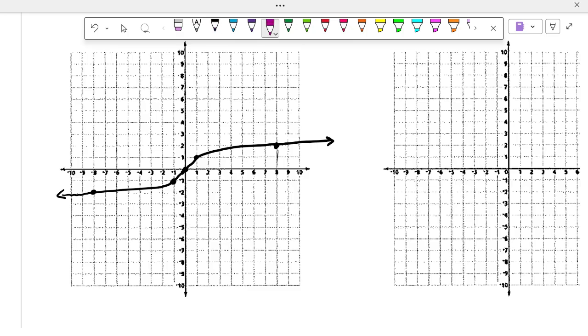This is my parent function, just the cube root of x. What I'm talking about is the vertex, which is this point right here. It's where your y values switch from being less than 0 to greater than 0. So this would technically be the vertex of that graph.